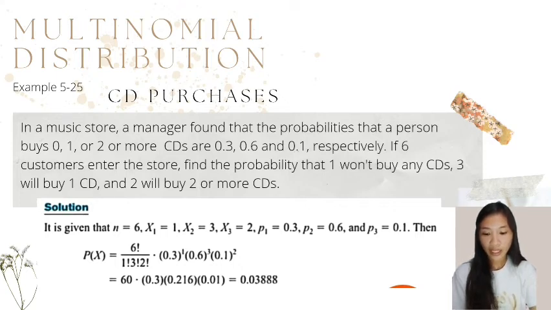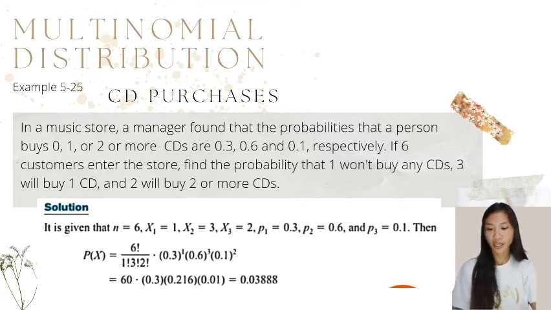Then equals 60 times 0.3 times 0.216 times 0.01 is equal to 0.03888. So that is the answer for finding the probability that 1 won't buy CDs, 3 will buy 1 CD, and 2 will buy 2 or more CDs.